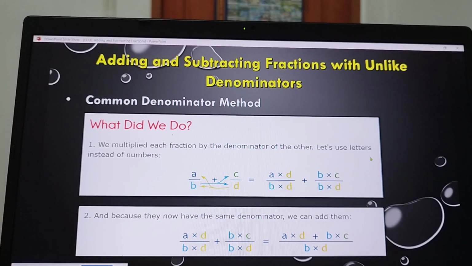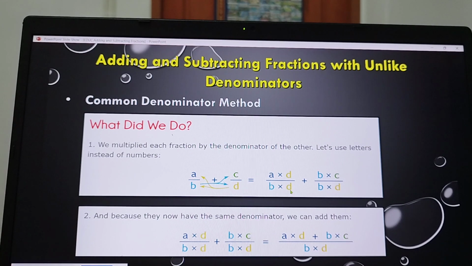So again, it's basically like this in letters, okay? A over B plus C over D. So just multiply, or you can use this method. It's much easier because you know that the denominator has the same answer, right?